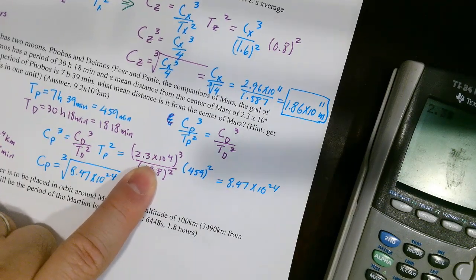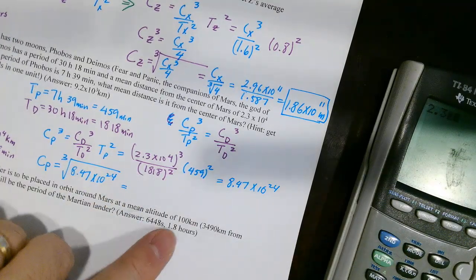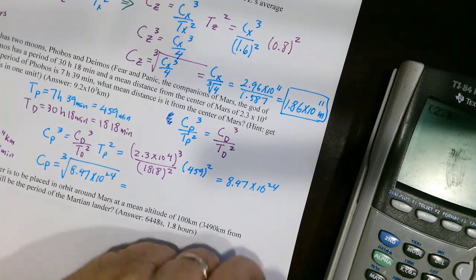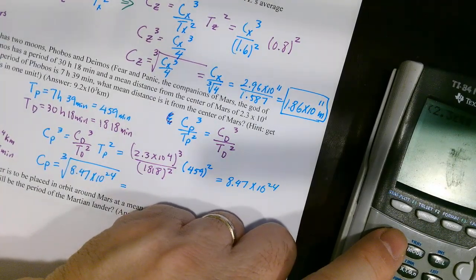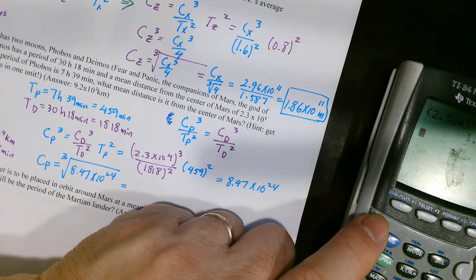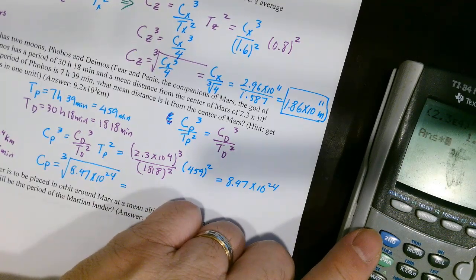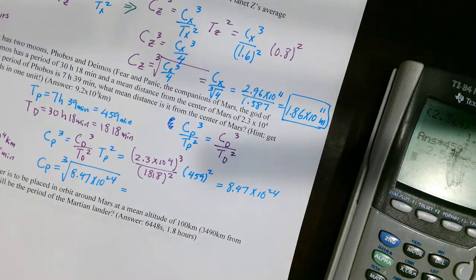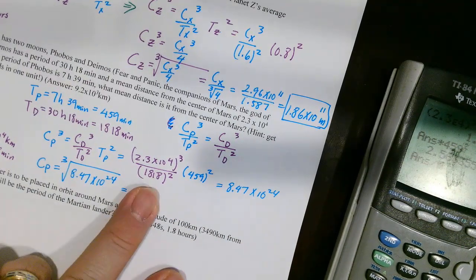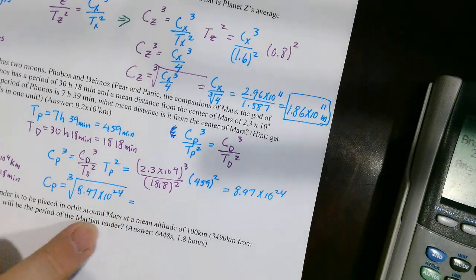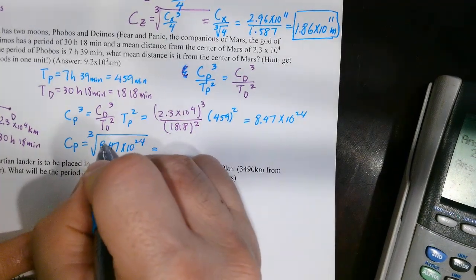So 2.3 E fourth. I forgot to put them in parentheses. 2.3 E fourth, close parentheses, cubed, times 459 squared, divided by 1818 squared. Okay, so that comes out to, yeah, this sounds more like it.